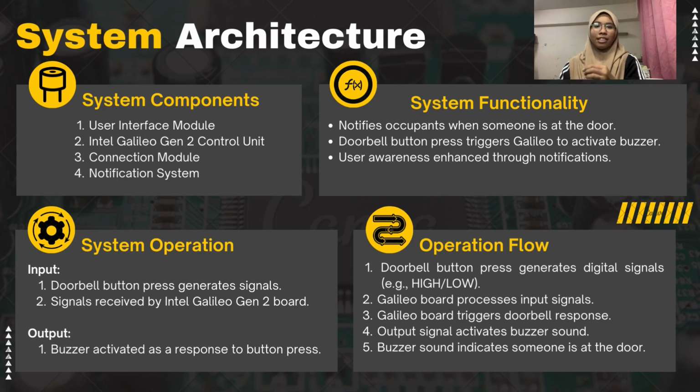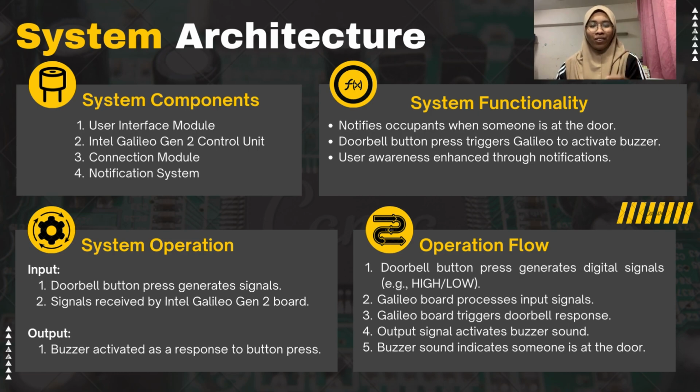So next is system functionality, how the system will function. It will notify the occupant when someone is at the door, and the doorbell button press triggers the Galileo to activate the buzzer by sound, and also user awareness is enhanced through the notification. The sound of the buzzer will notify the occupant in the house.